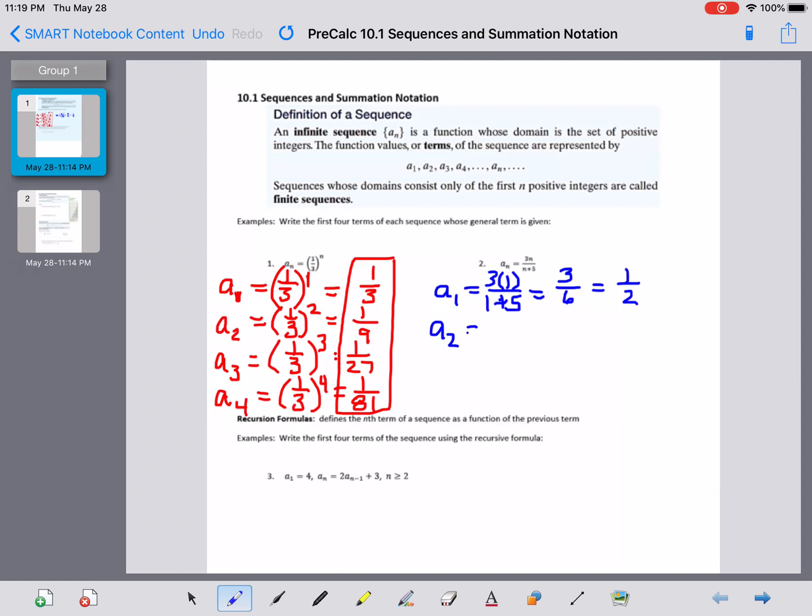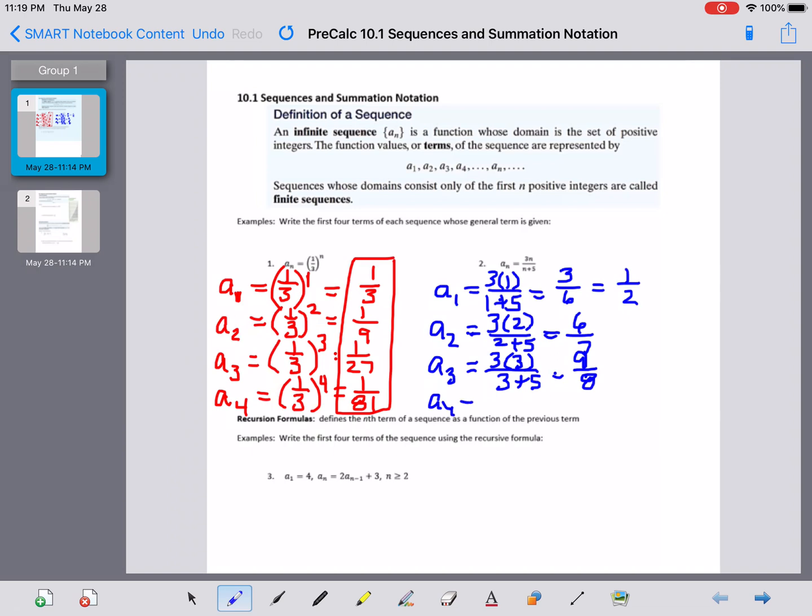A sub 2, so I'm going to take 3 times 2, because it's my second term, and 2 plus 5, and I get 6/7, and that one doesn't reduce, so I leave it as is. A sub 3, there is my third term, so I get 3 times 3 on top, and 3 plus 5 on the bottom, and I get 9/8, and you'll notice it's an improper fraction, but once again it's reduced to lowest terms, so I'm going to leave it.